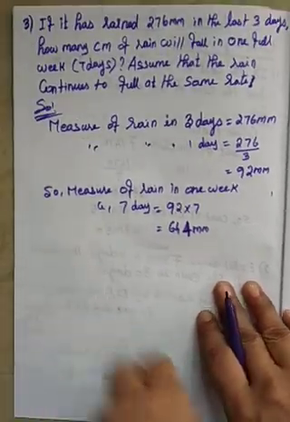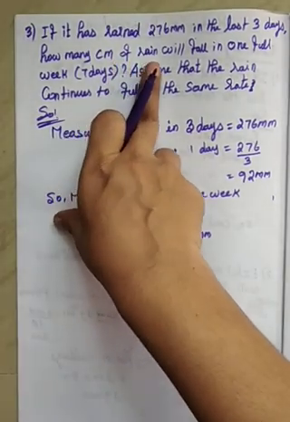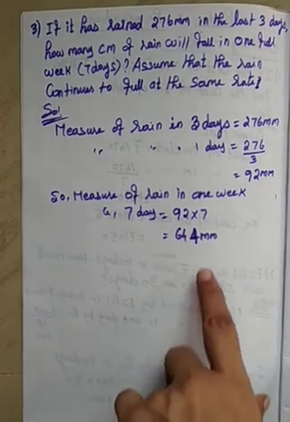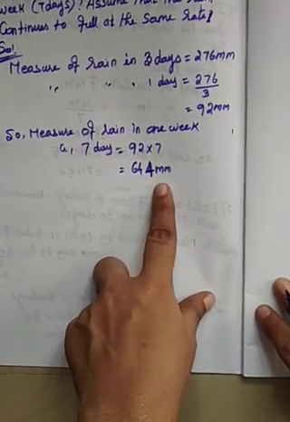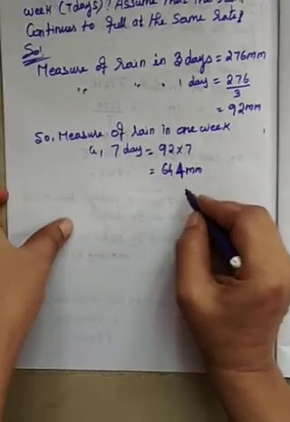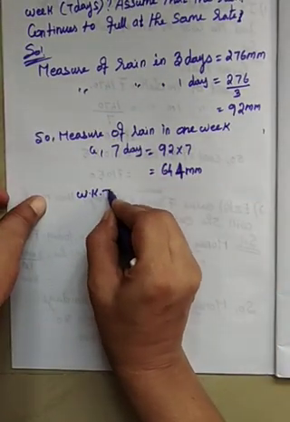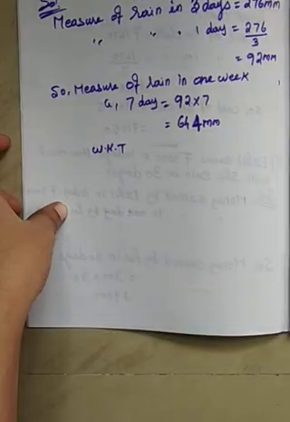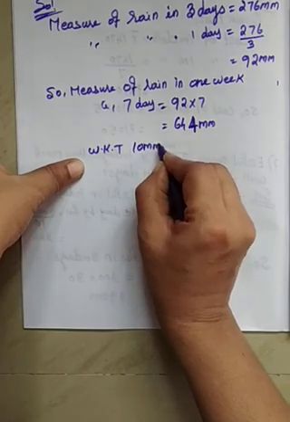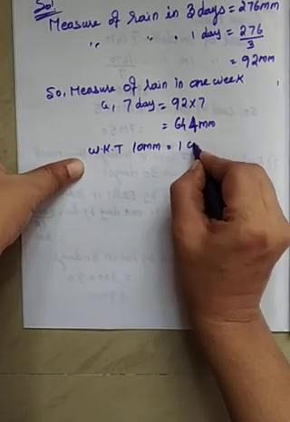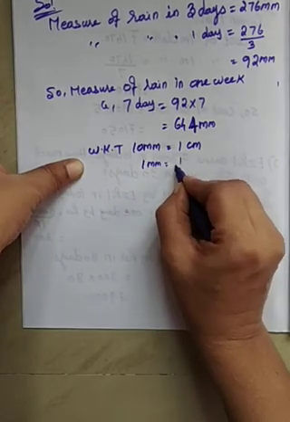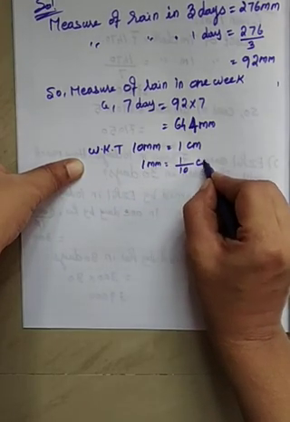But what is your question? How many centimeter of rain will fall in 1 week? Okay, but your answer is in millimeter, and you need centimeter. So how can you find? Everybody knows that. See, 10 millimeter is equal to 1 centimeter. 1 millimeter is equal to 1 by 10 centimeter.